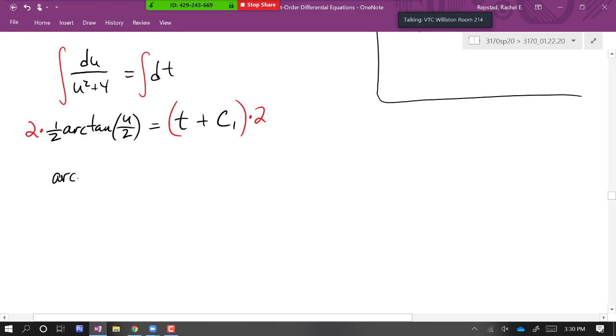So arctan of u over 2 is equal to, I'm going to distribute, 2t plus 2 times an arbitrary constant, which is another arbitrary constant. I'll call that C2.